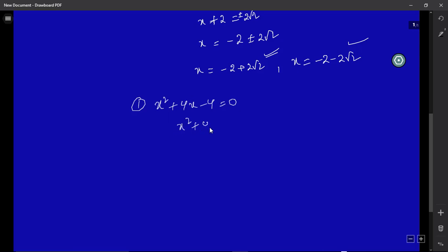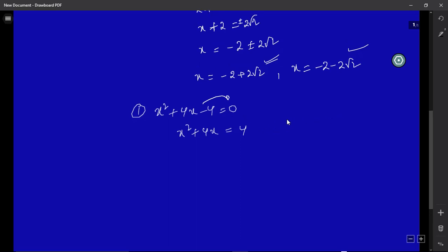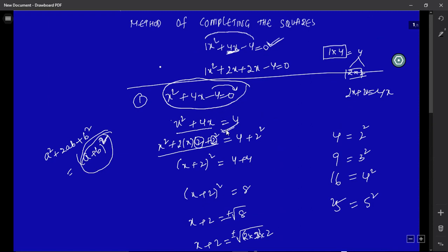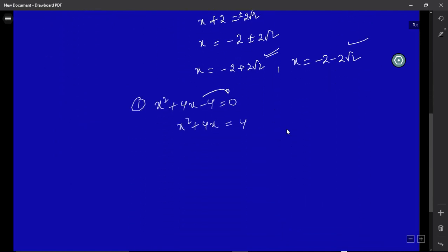X square plus 4x, if I take the minus 4 to the right hand side, it becomes plus 4. Now I have added 2 square on the left hand side and on the right hand side. To find out what has to be added, you just need to calculate this thing here: half b by a whole square. This has to be added.